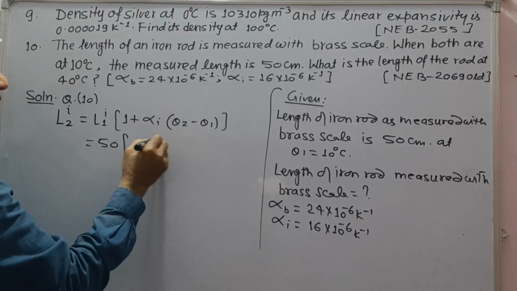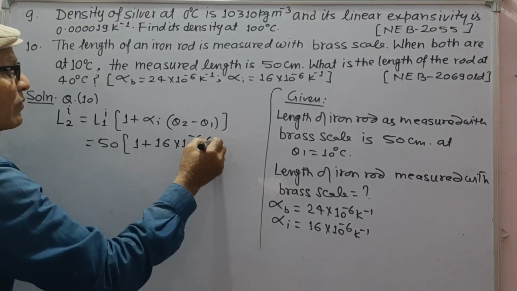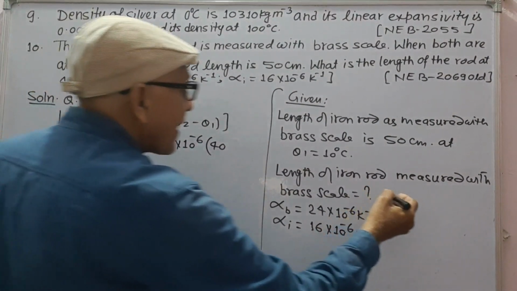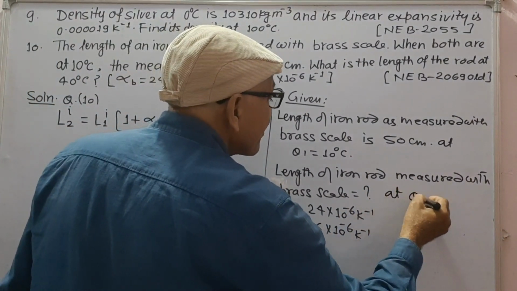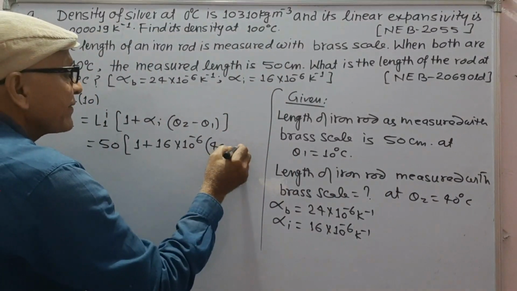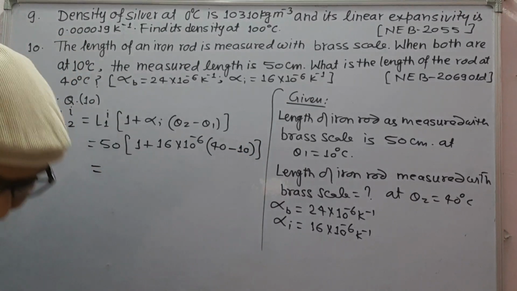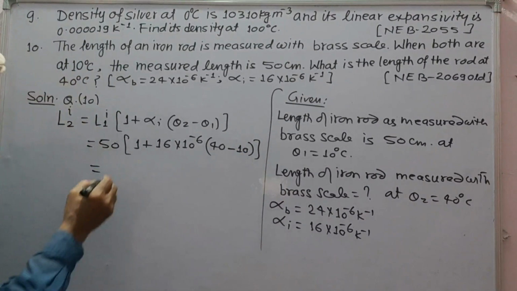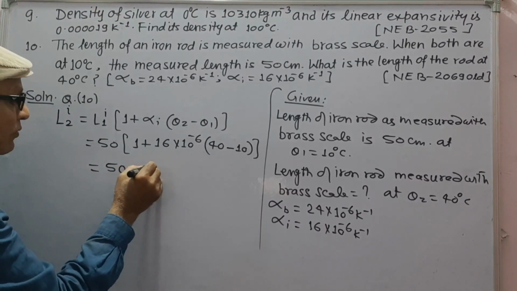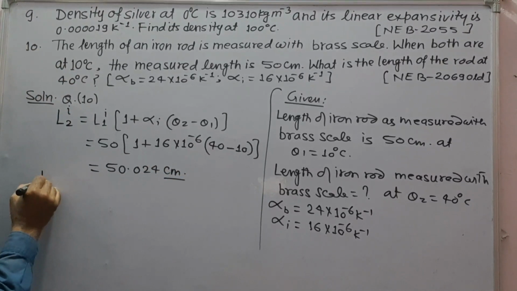So 1 plus 16 into 10 to minus 6 into 40, at theta 2 is equal to 40 degrees Celsius, 40 minus 10, it gives 50.024 cm.